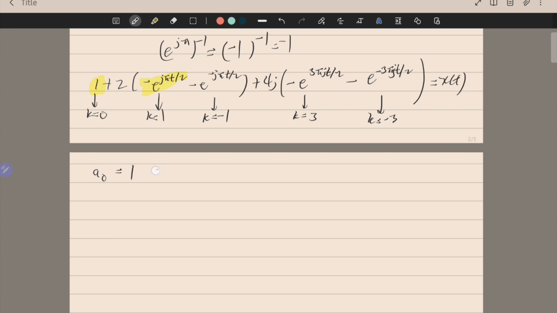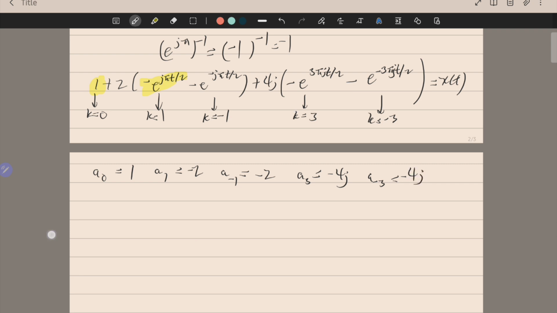A of 1 is equal to -2 because it's -1 multiplied by 2, so it's -2. How about a of -1? Same thing, -1 times 2, -2. How about a of 3? -4j, and a of -3 is also -4j.